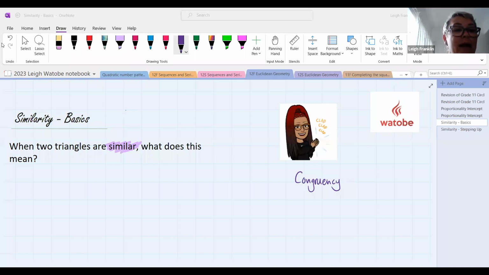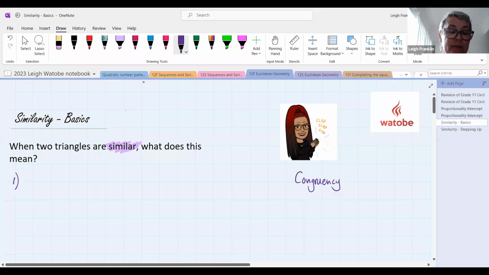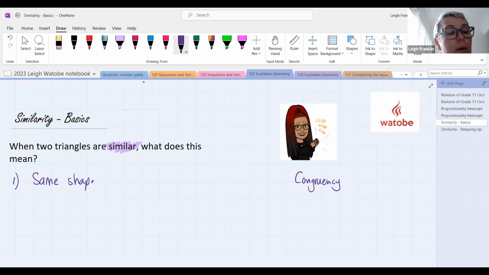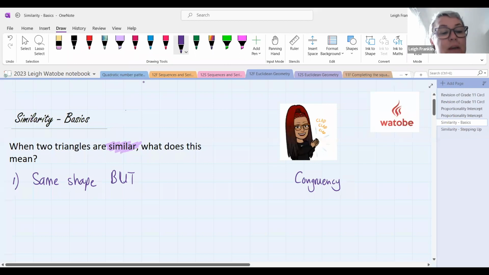So when triangles are similar, let's just formalize this a little bit. It means that they are the same shape, but different sizes.